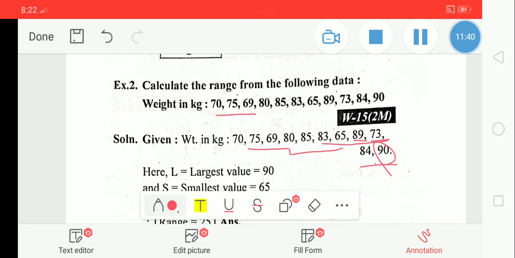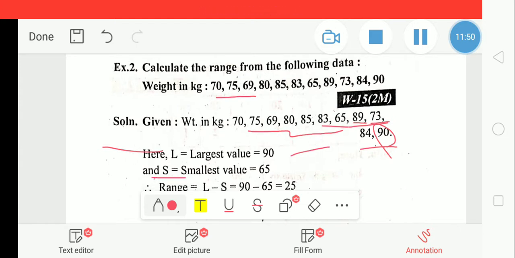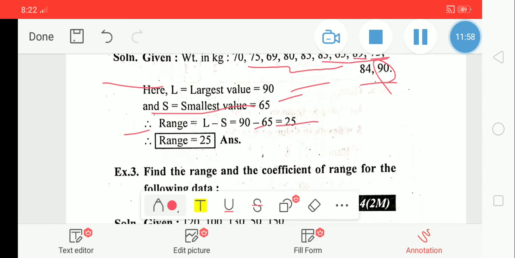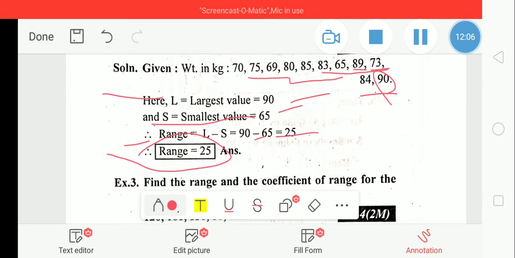So L is equal to the largest value, that is 90, and S is the smallest value, that is 65. Range is equal to L minus S, which is 90 minus 65, that is 25. So for this weight in kg, the range of the distribution is 25.